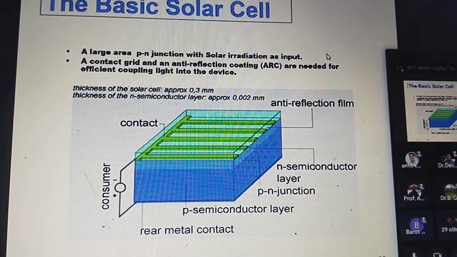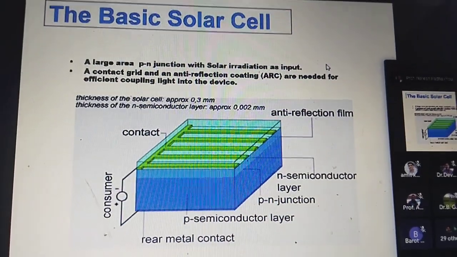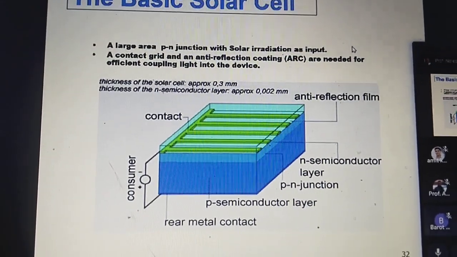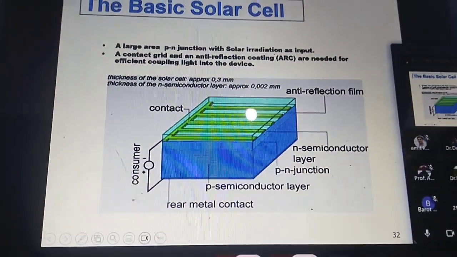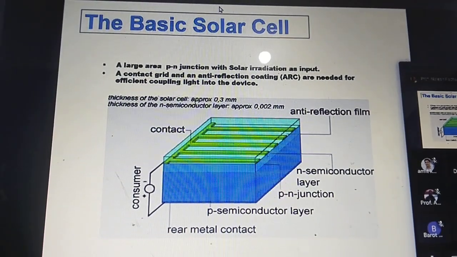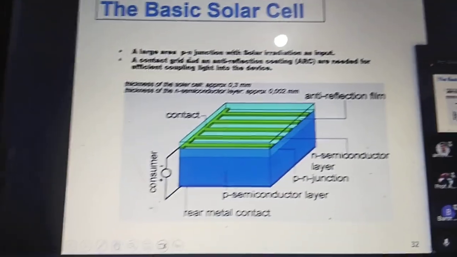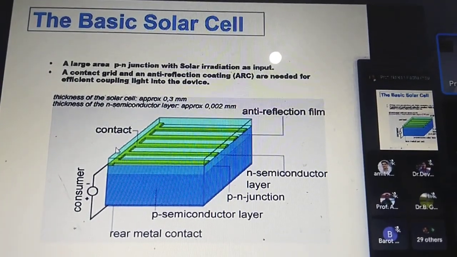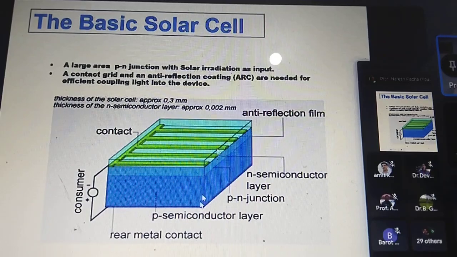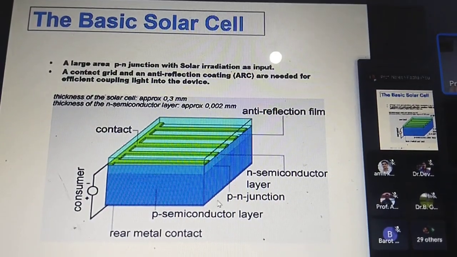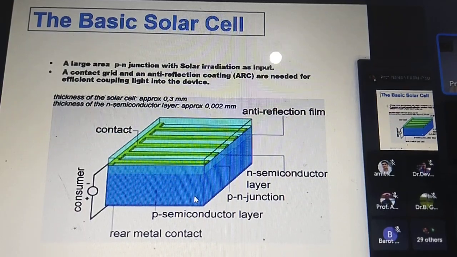So this is what a basic solar cell is. Now I'll talk about one thing which will give you an interesting perspective about solar cells. It is also a PN junction. You have already studied PN junction. And see here, it's a large area PN junction with solar radiation as input. As you see, the rear metal material, then P-type layer.